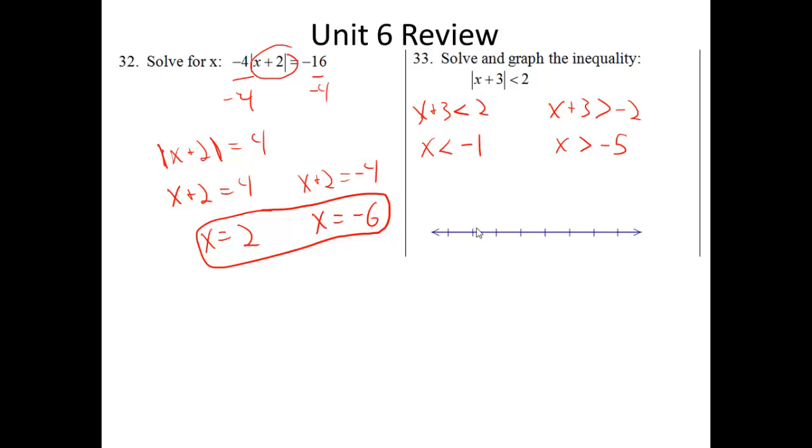So we put an open circle at -5, then an open circle at -1. And because x is greater than -5, I know that everything this way from -5 is going to be good. But x is also less than -1, so everything this way from -1 is going to be good. So the numbers in between here are what make this equation true.